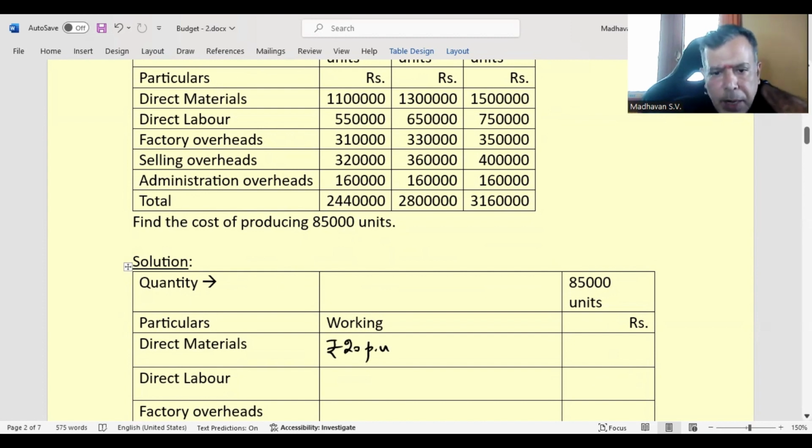And that will be multiplied with our quantity that we are planning to produce, that is 85,000 units. So that works out to 17 lakhs.